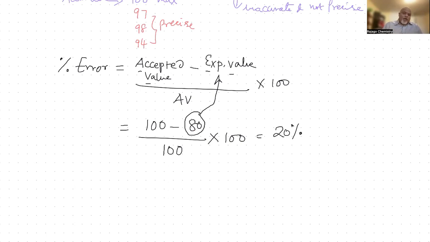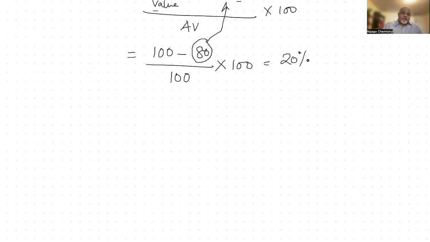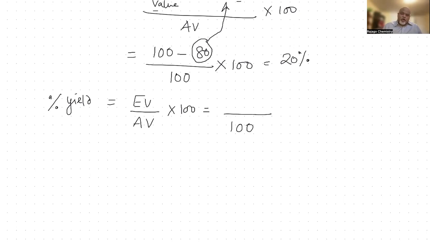The second one is to understand the percent yield. Percent error is different from percent yield. Percent yield means how much you got when you make a reaction, or the amount that you really got. This is experimental value divided by the overall value times 100. For the test, the overall value is 100. This is what you were supposed to get. But what you got, the experimental value, is 80.